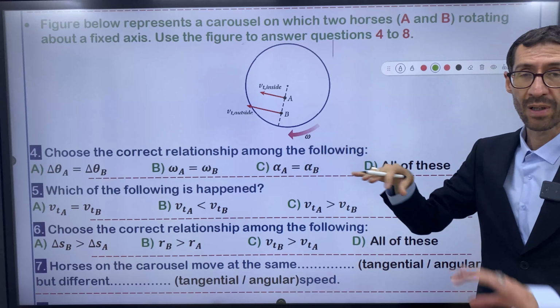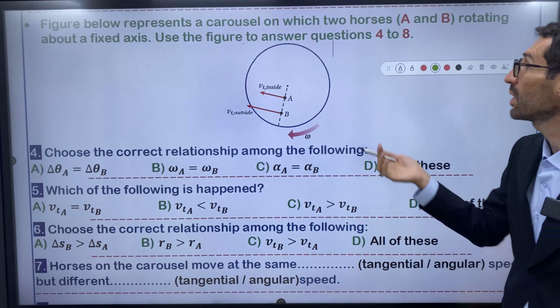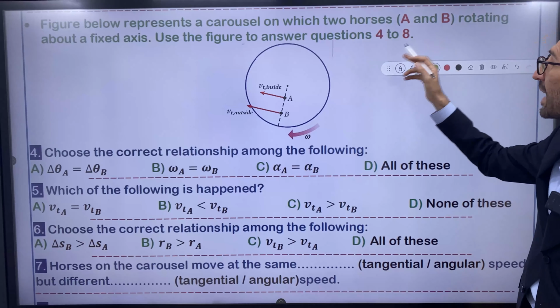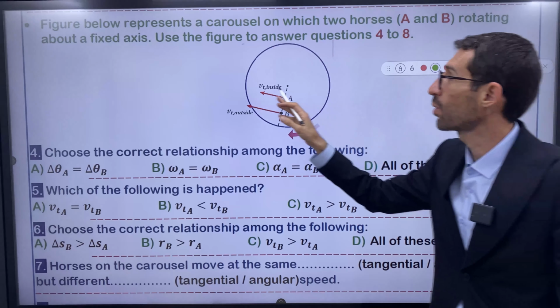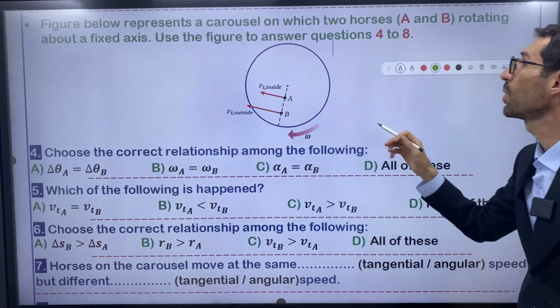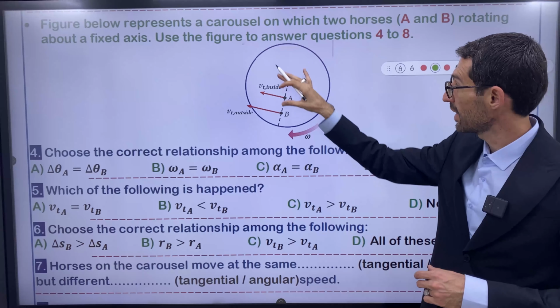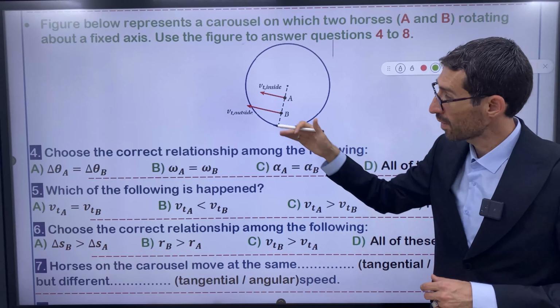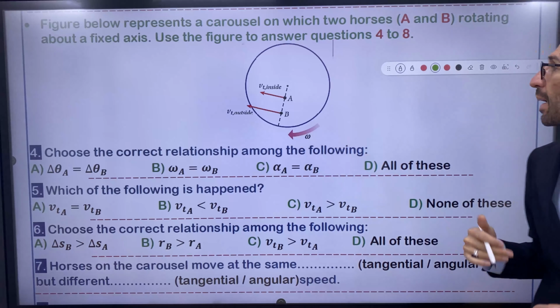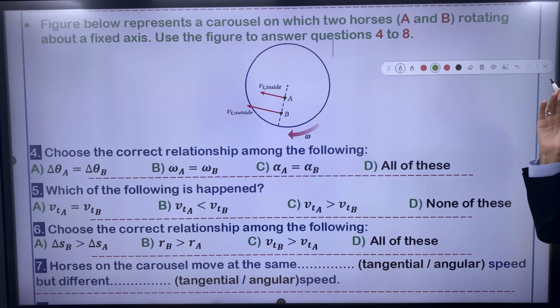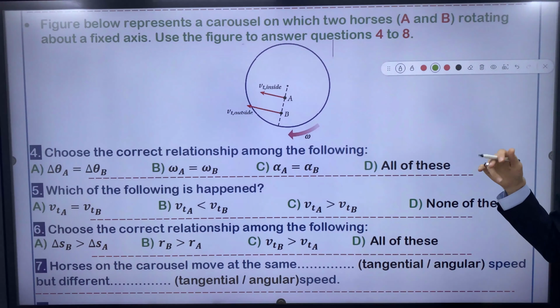We have a carousel or a merry-go-round on which two horses A and B rotate about a fixed axis. Use the figure below to answer questions 4 to 8. So this figure is related to question 4 till number 8.